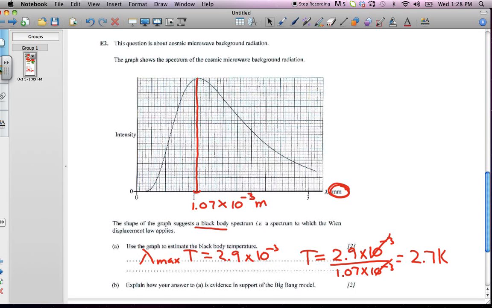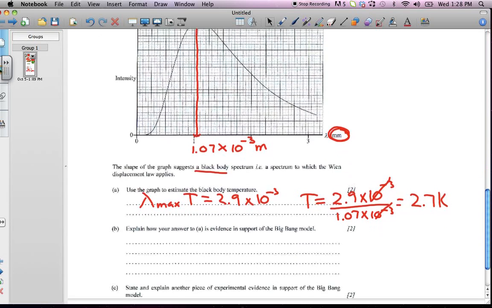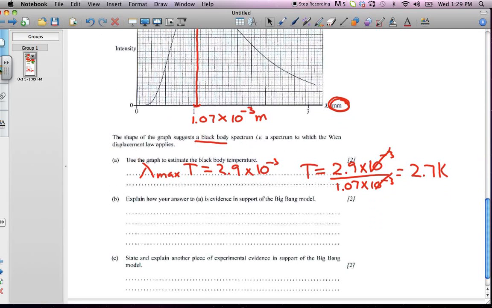Then explain how your answers are evidence in support of the Big Bang theory. Well, according to the Big Bang theory, the temperature of the universe and the radiation in the distant past is very high. That's straight from the solution. So what we had with the Big Bang model is that you had very high energy at the start, and that is spread out through the whole universe.